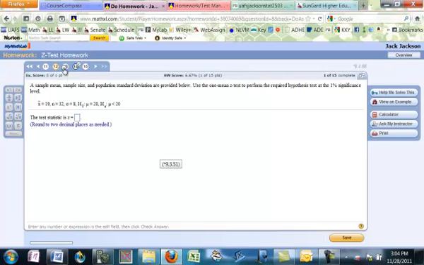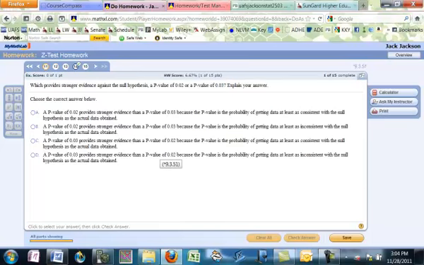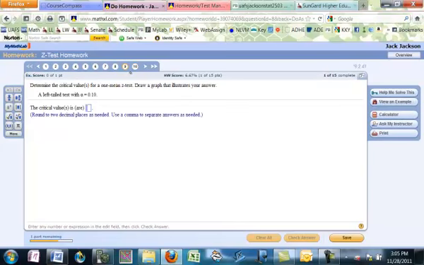Okay, so here's a left-tailed test with alpha of 0.1. So how would we do this?